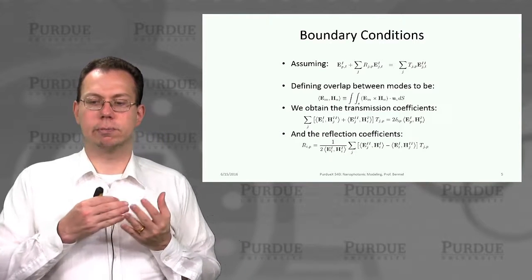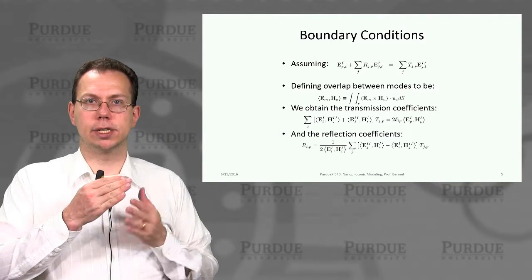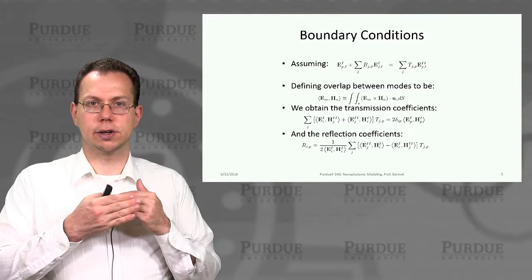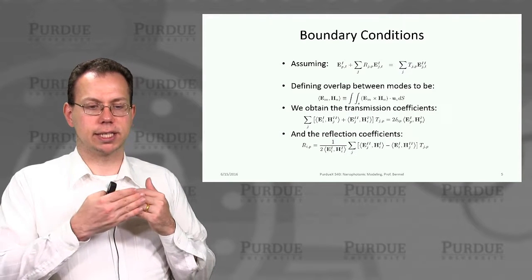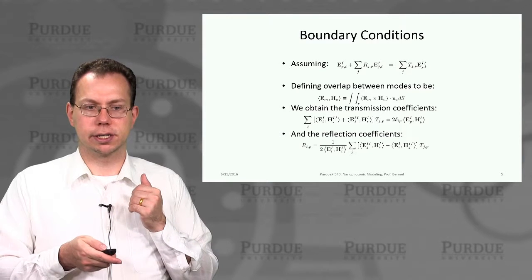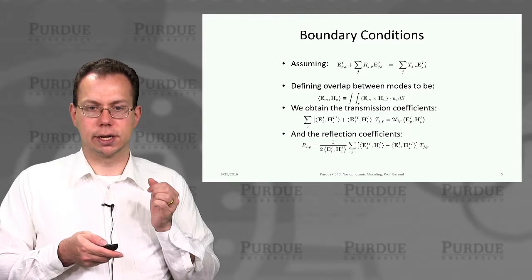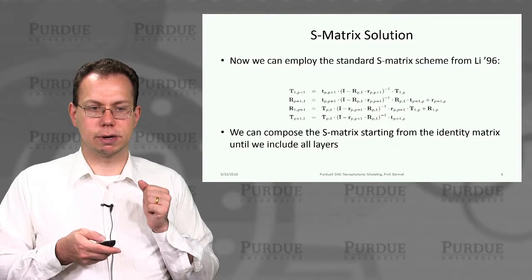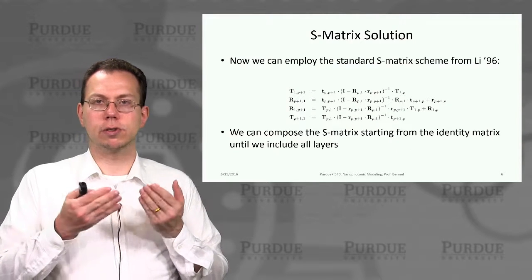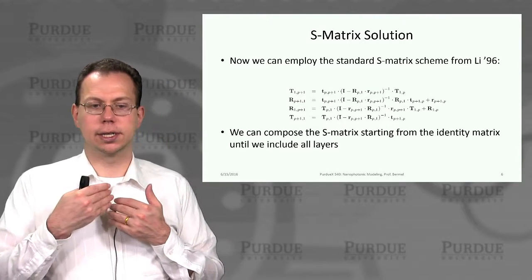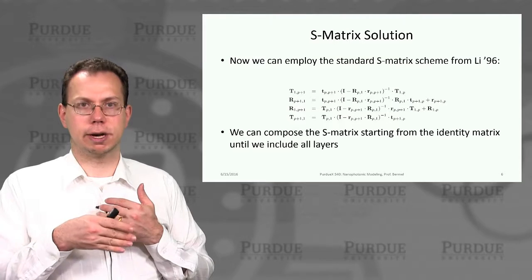So we've gone from a very basic concept, which is the conservation of E fields and H fields across the boundary, to a very specific set of transmission and reflection coefficients, which would of course replace the standard Fresnel reflection in a more ordinary optical problem. Once we have that, it becomes fairly straightforward to use the standard S-matrix approach that we had already talked about previously.